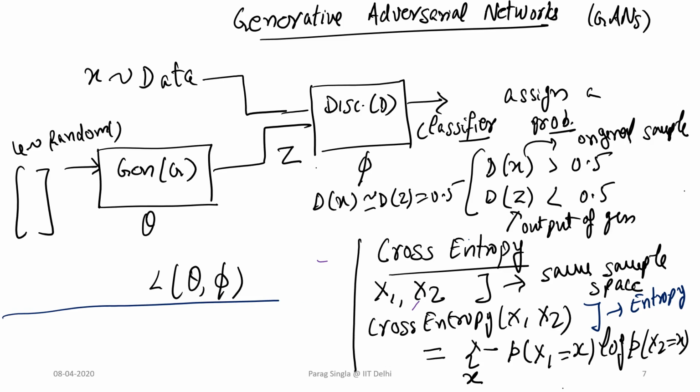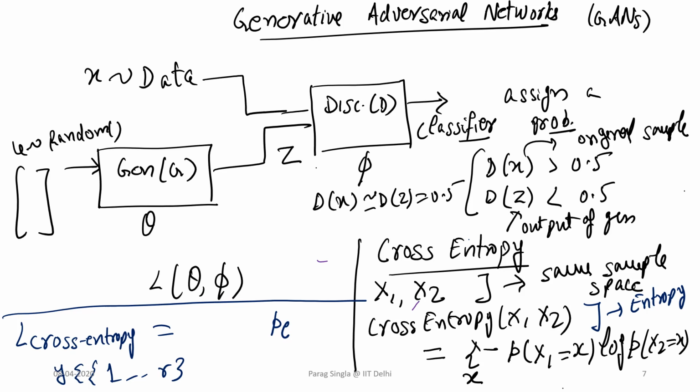And this idea is described in the following. When we say cross entropy loss, think of a classification problem which has R labels, so the label space Y belongs to 1 to R, and we have a predictor or a model which gives a probability p_l to the output label l.